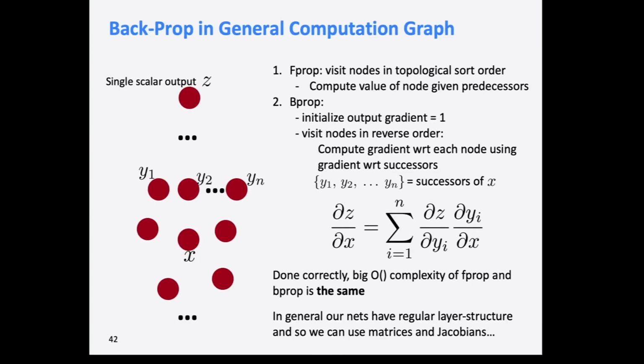So here's a slightly sketchy graph, which is just recapitulating this thing. If you have any computation that you want to perform, the hope is that you can sort your nodes into what's called a topological sort, which means that variables that are arguments are sorted before variables that are results that depend on that argument.